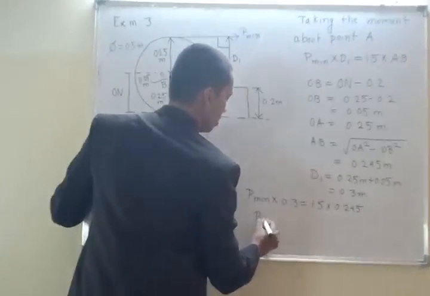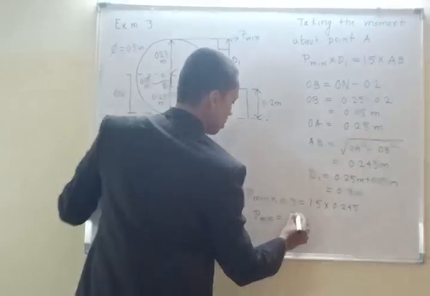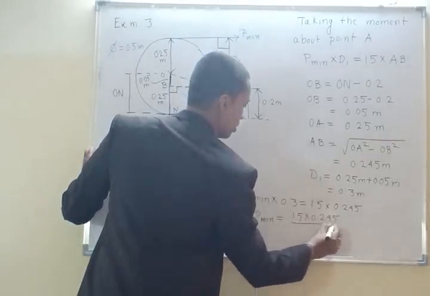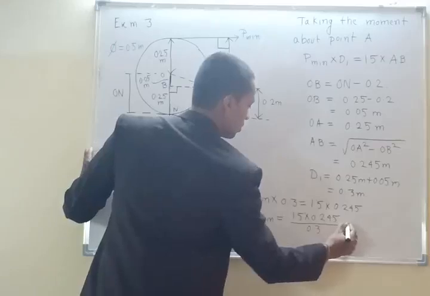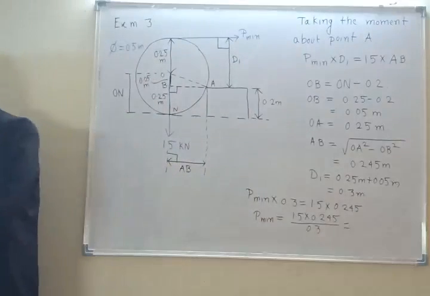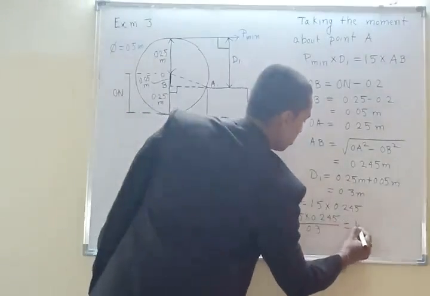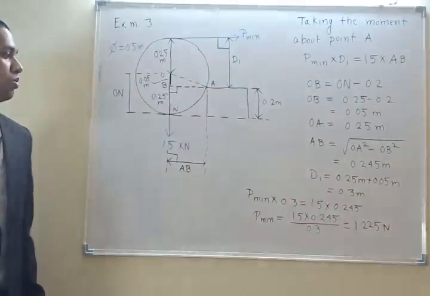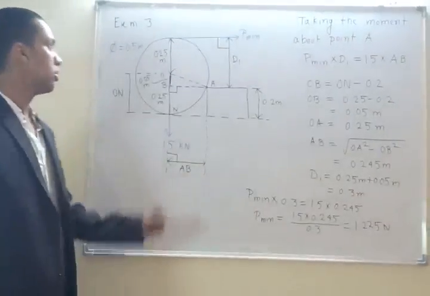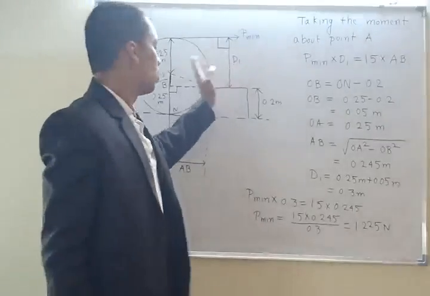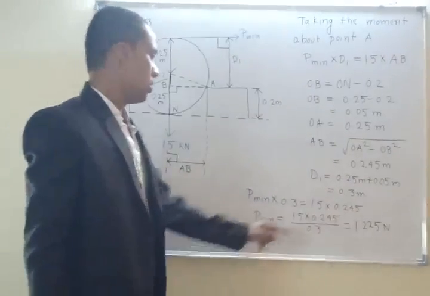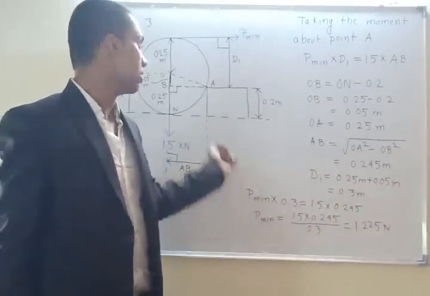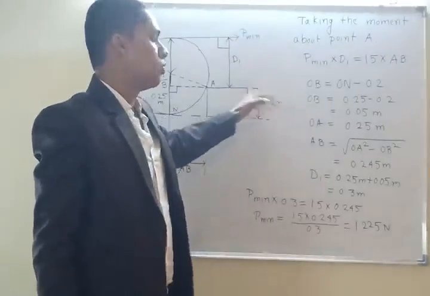So P minimum is equal to 1.5 into 0.245 divided by 0.3. So that is going to be the answer: 1.225 Newton. It means if you pull this with a little bit more than 1.225 Newton, maybe 1.2255 or 1.226 Newton, then this will easily move over the block.